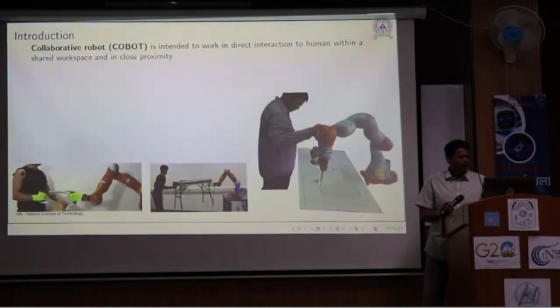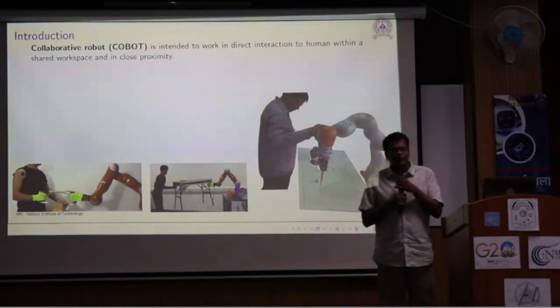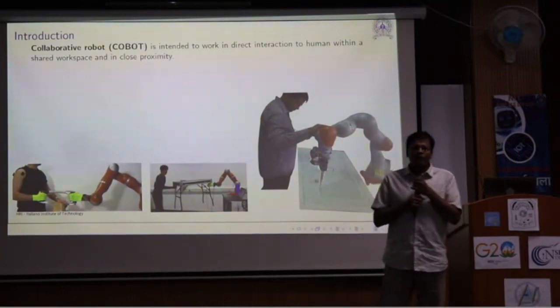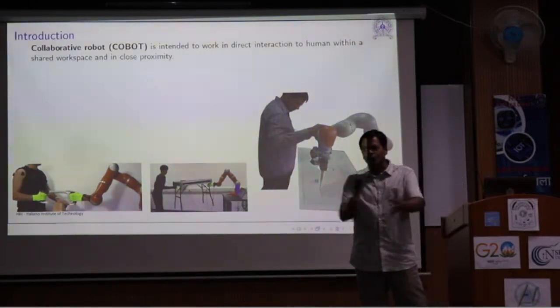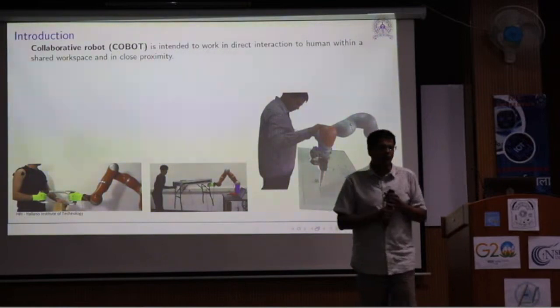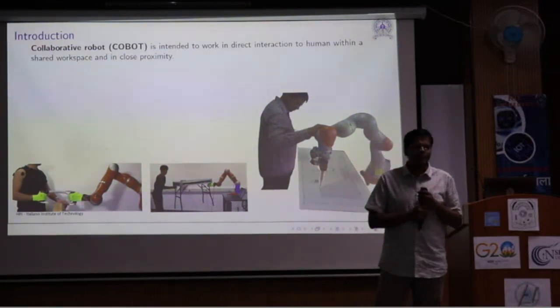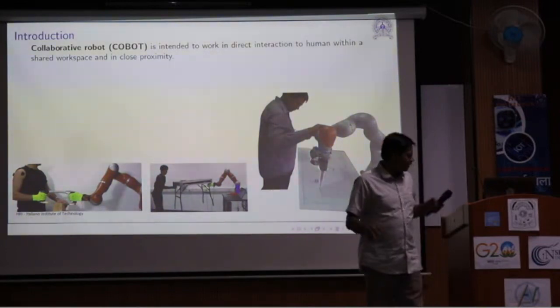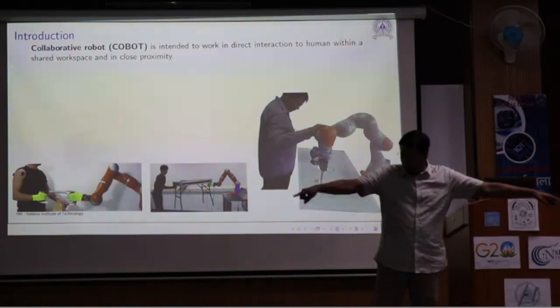Okay, so a collaborative robot is intended to work in direct interaction with humans. Whatever robots you have seen so far are caged robots. If you have been to any industry and seen a robot working there, it is mostly isolated in a cage.